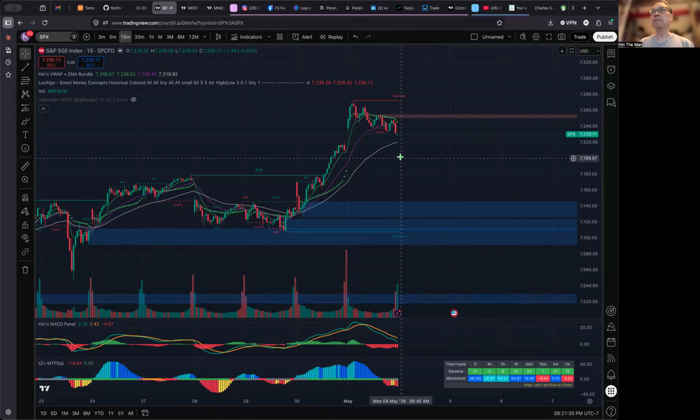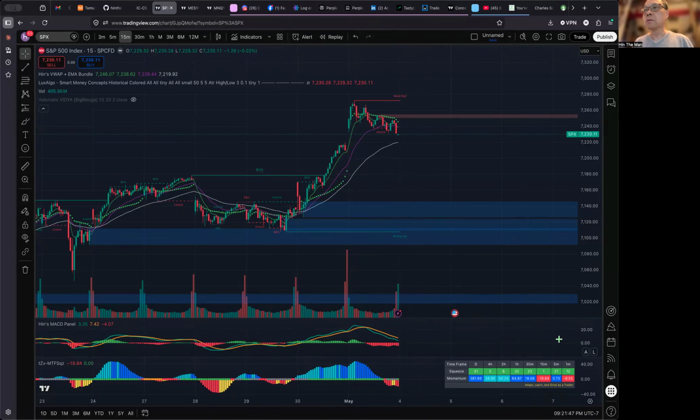It goes down, and remember, there is a crossing of the 8 and the 21. So if you look at the MACD, the crossing is different here, so it's not good. It goes down from here, so there's some crossing here.